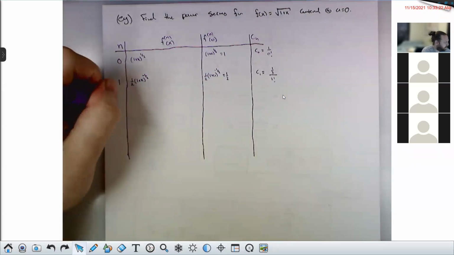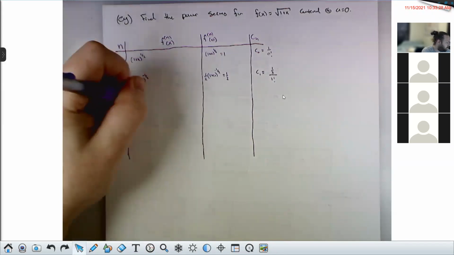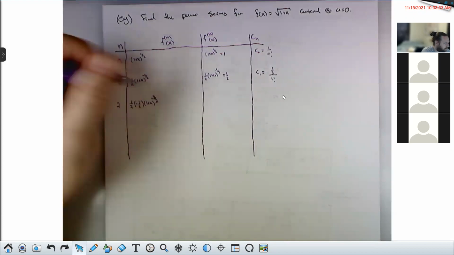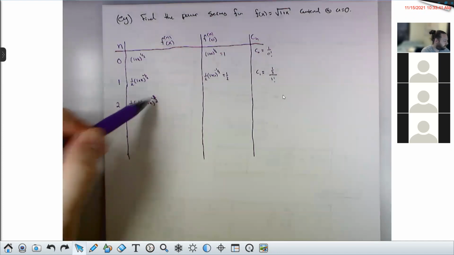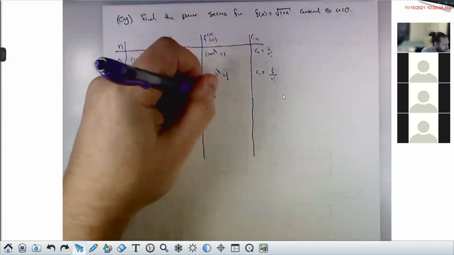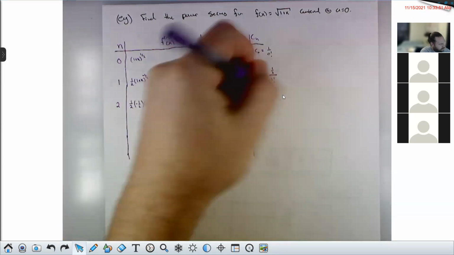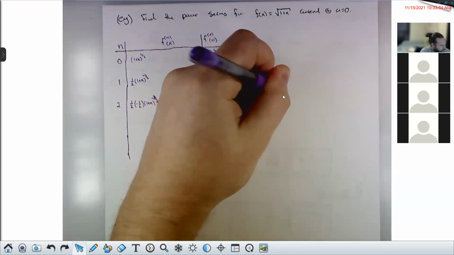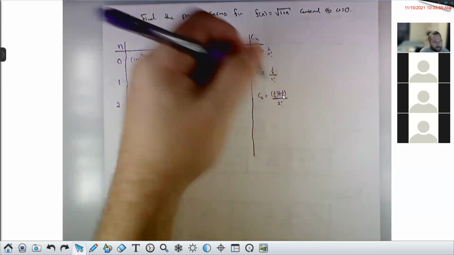If I differentiate again, I get 1/2 times negative 1/2 times 1 plus x to the negative 3/2. And plugging in 0 for x, this is just going to be 1. I'm going to write this just as 1/2 times negative 1/2. So C2 is 1/2 times negative 1/2 divided by 2 factorial. This guy is negative.